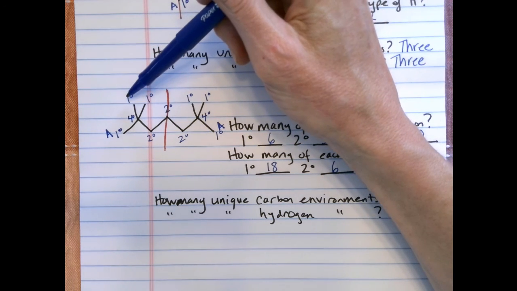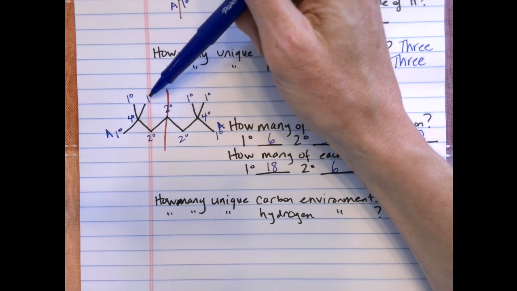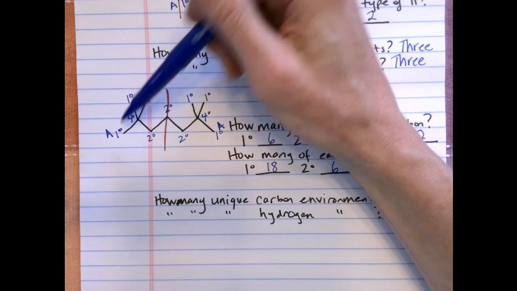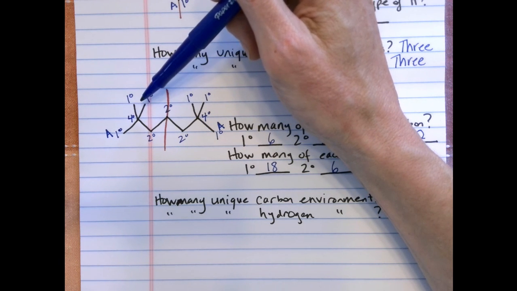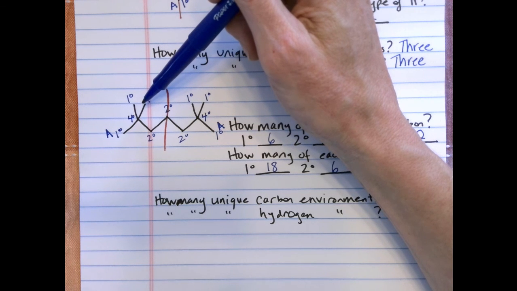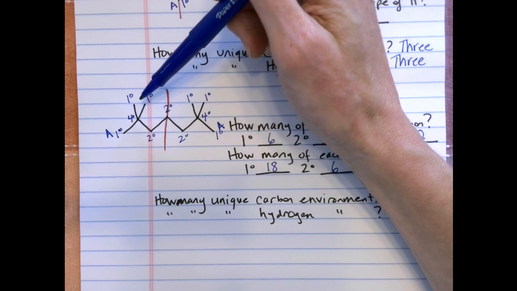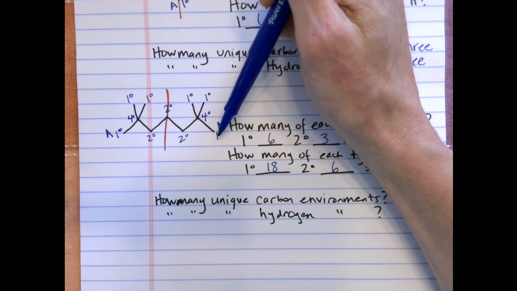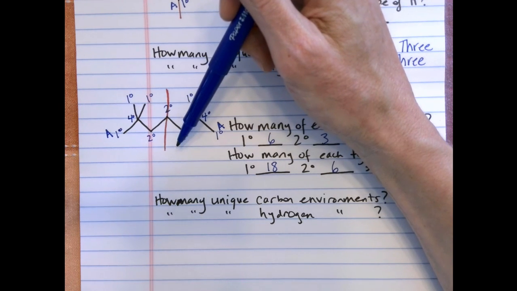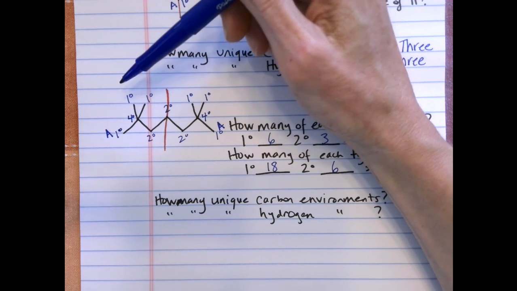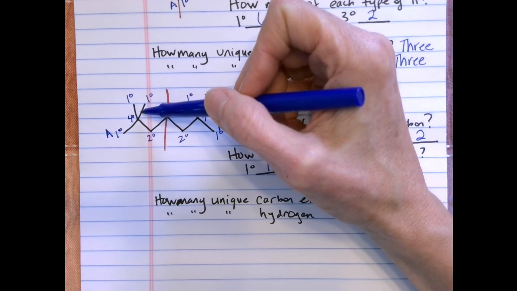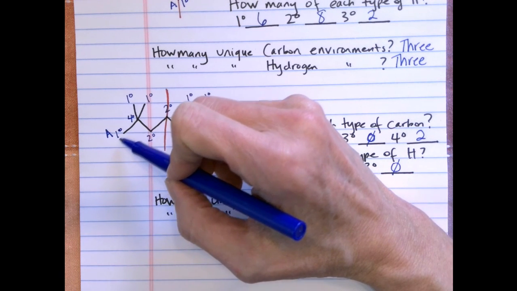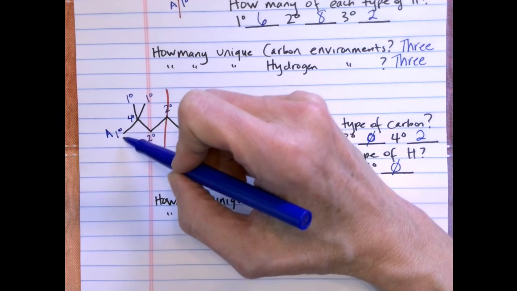Now, up here we see some other primary methyl carbons, and just because they're all primary carbons does not necessarily mean that they are equivalent to one another. So you can't just make the assumption that all primaries are equivalent, all secondaries are equivalent, etc. However, if we look at these methyls, they are attached to the same carbon that this methyl is attached to.